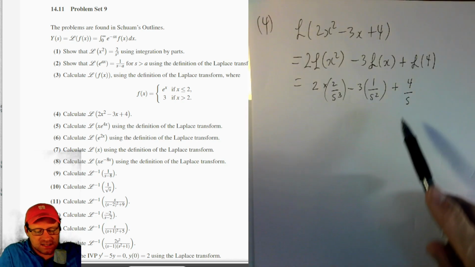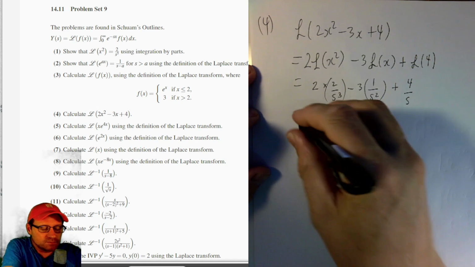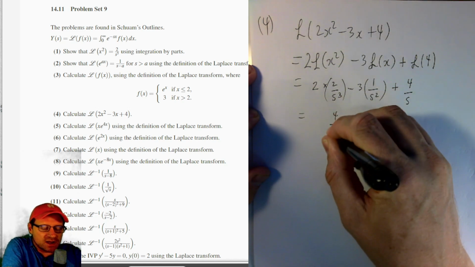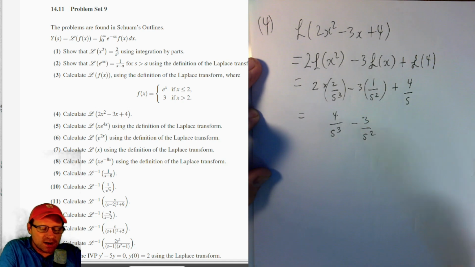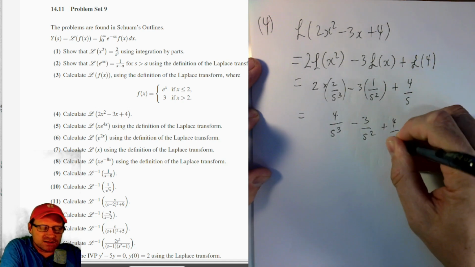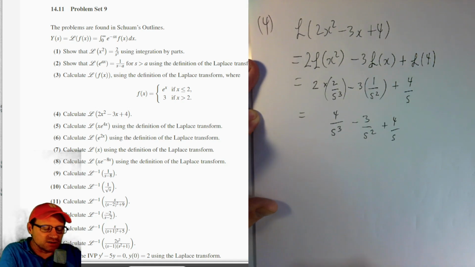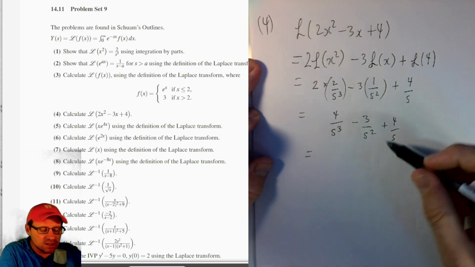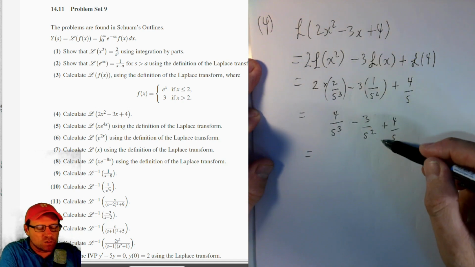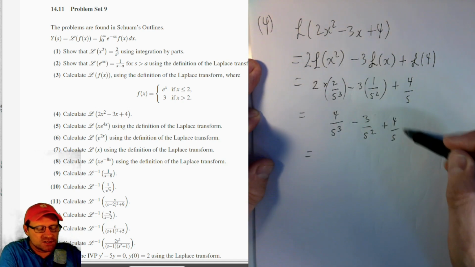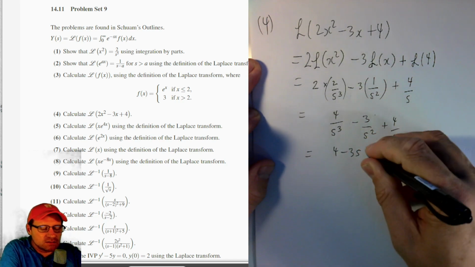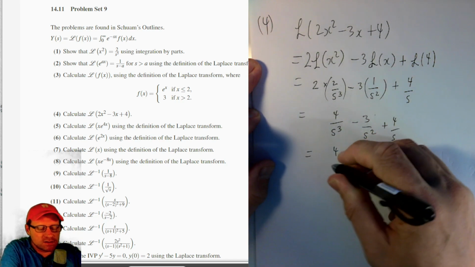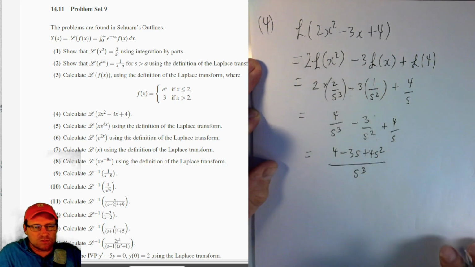So let's simplify this here. So we have 4 over s cubed minus 3 over s squared plus 4 over s. And we can even factorize this if we want to, multiplying top and bottom of this one by s and top and bottom of this one by s squared. So we have 4 minus 3s plus 4s squared all over s cubed.